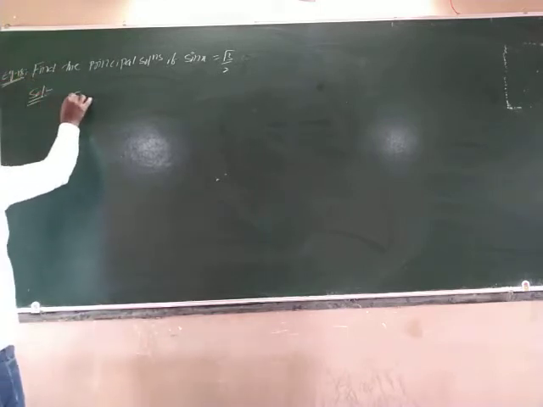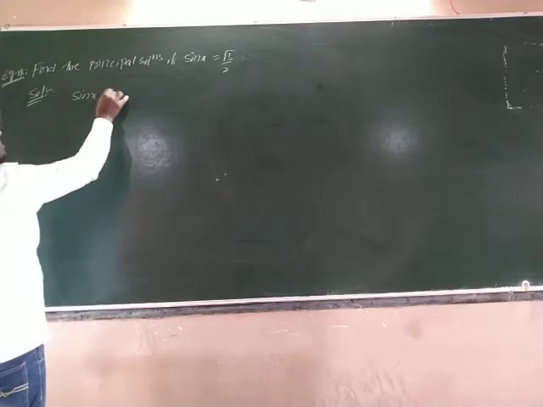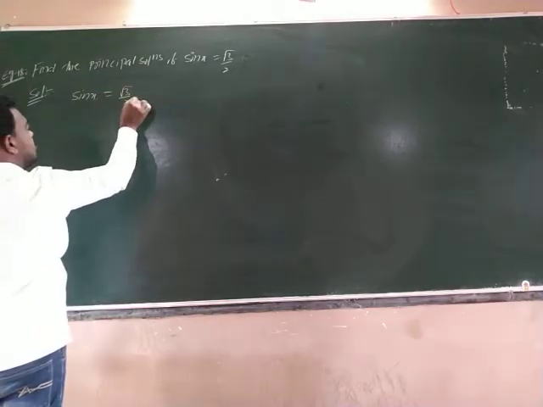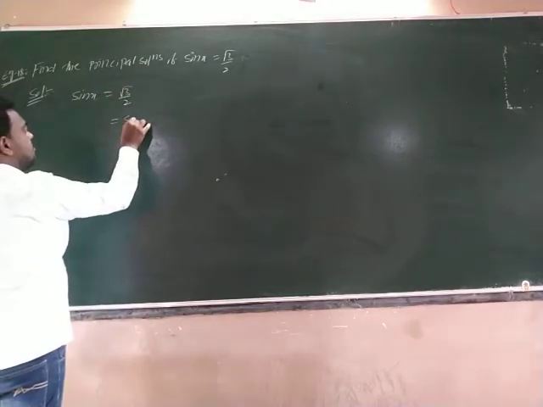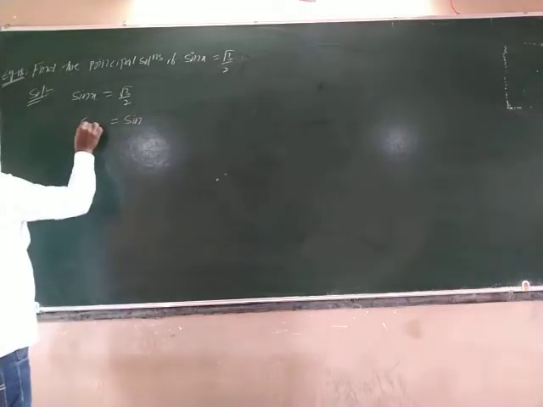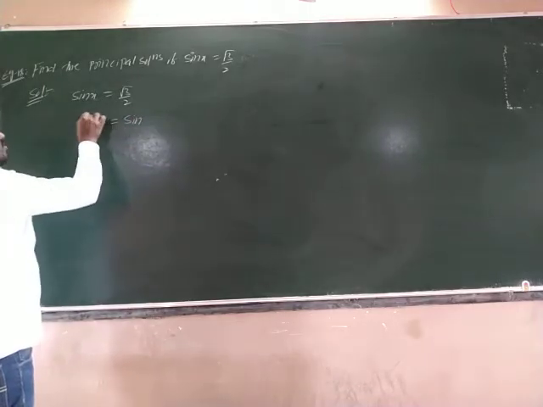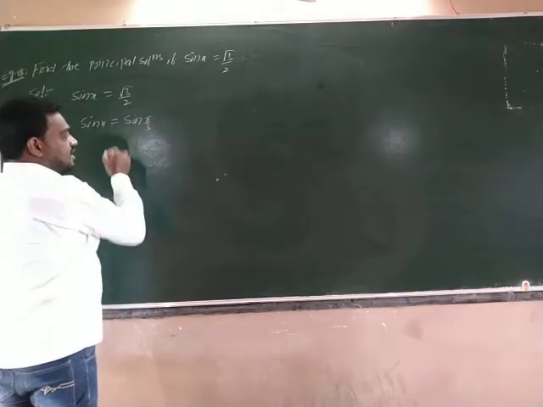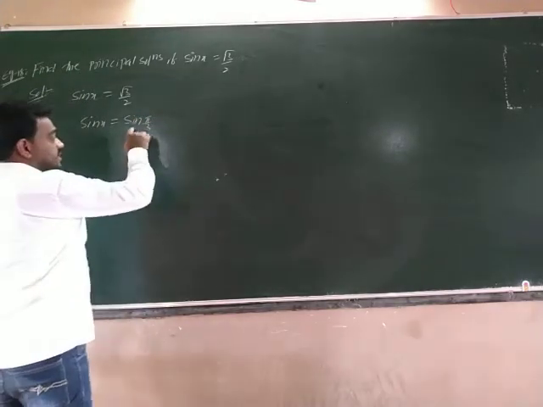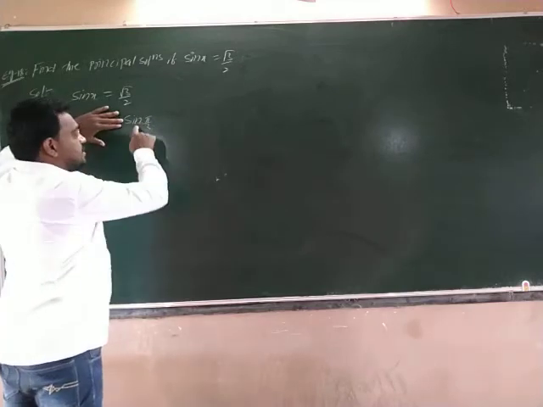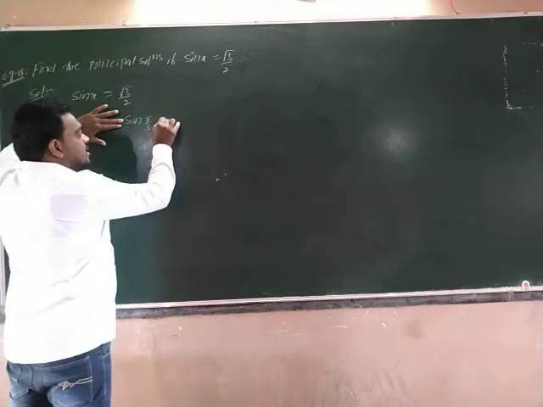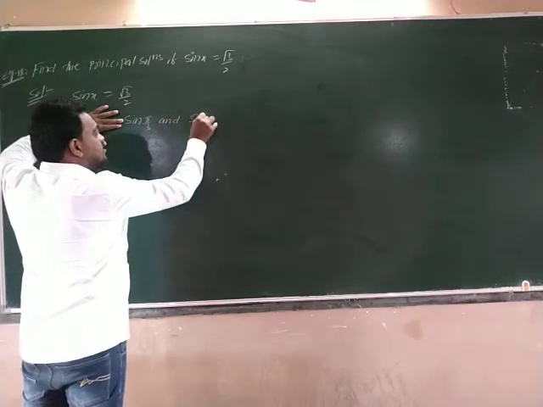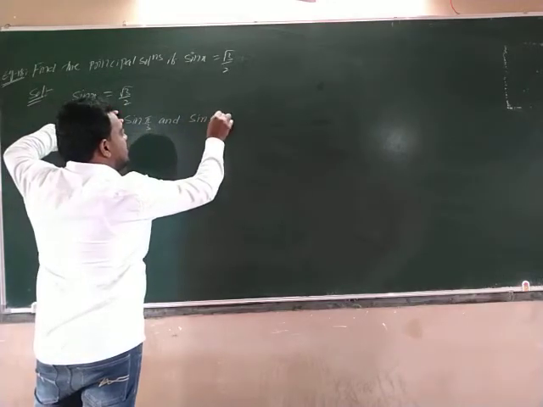Solution: sin x is equal to root 3 by 2. Root 3 by 2 is equal to sin pi by 3, sin 60. So it is in the form of sin x, and sin x is equal to sin(pi minus x).